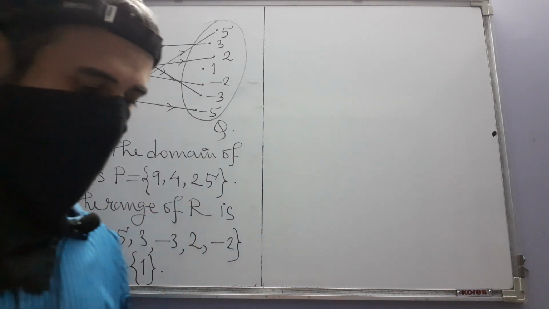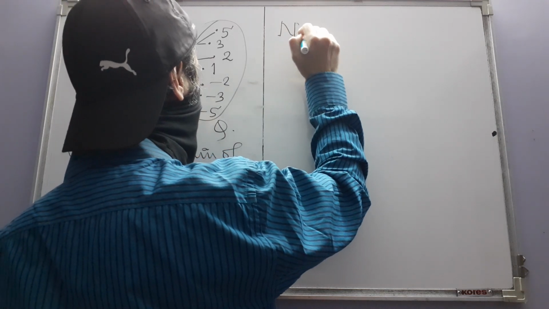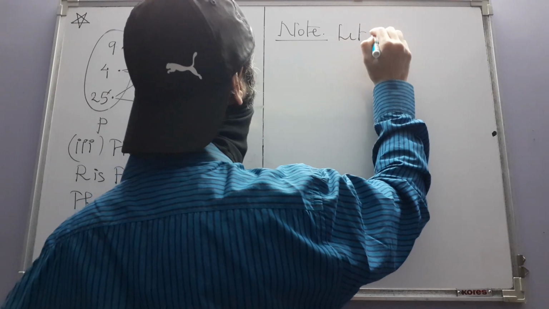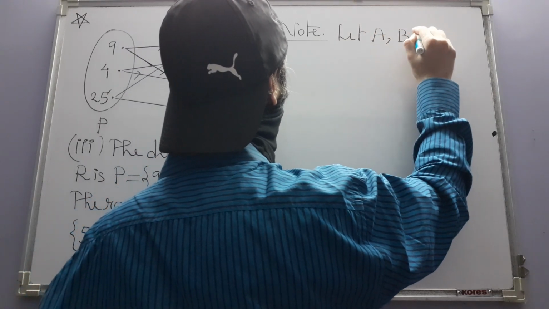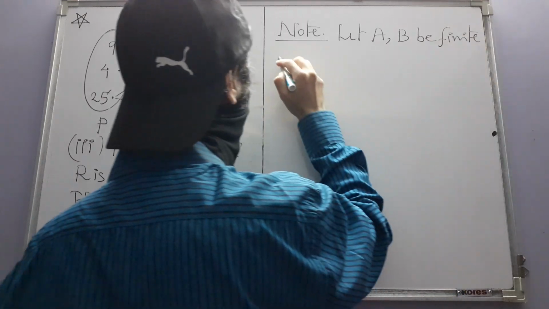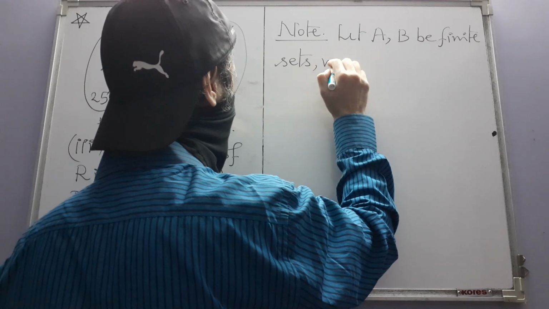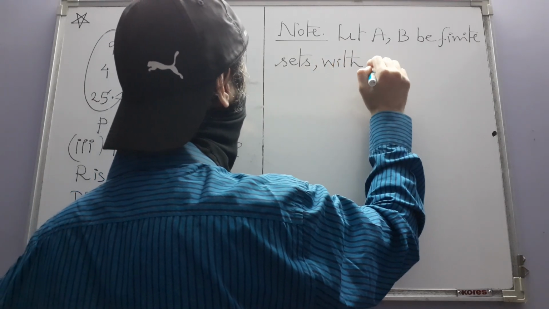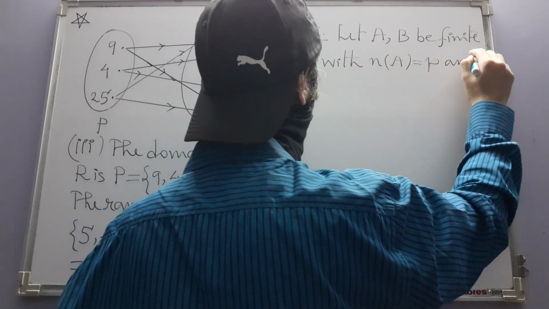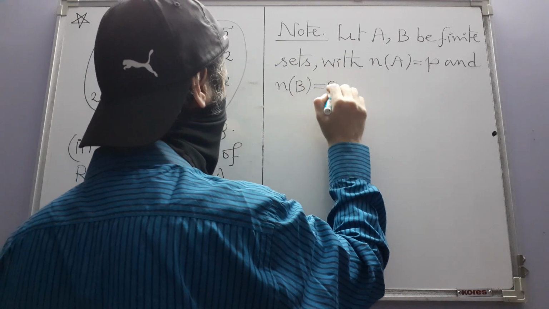And then there is a note. Let A and B be finite sets with the number of elements in A being p, and the number of elements in B being q.